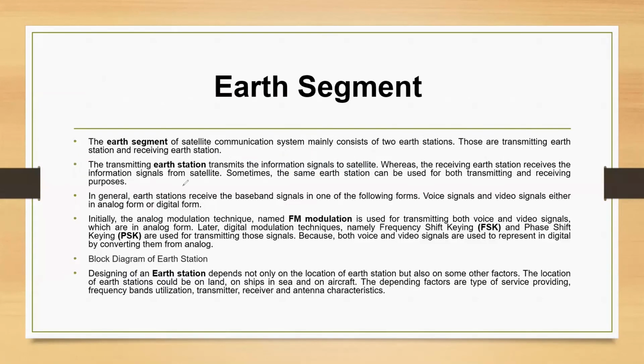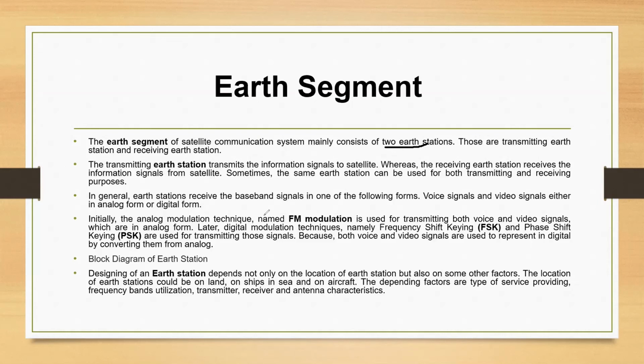The earth segment basically has two kinds of earth station. One could be transmitting and the other a receiving earth station. The transmitting earth station transmits the information signal to the satellite, whereas the receiving one receives the information from the satellite.